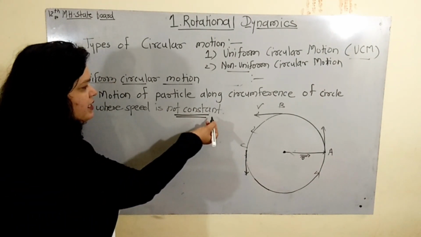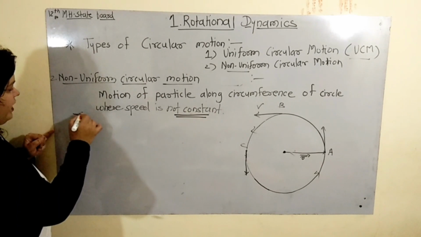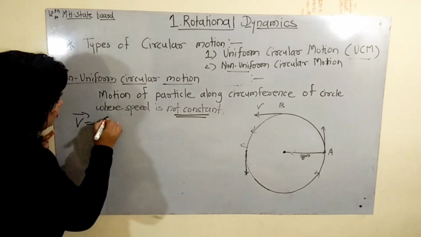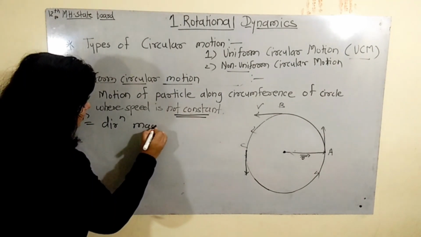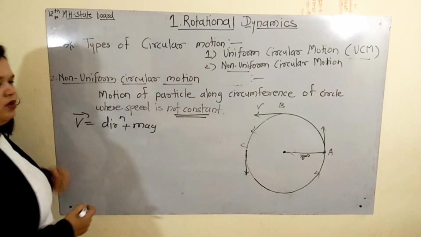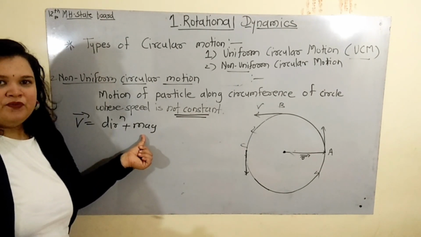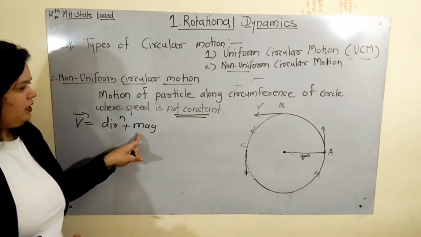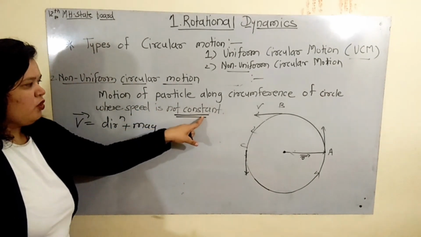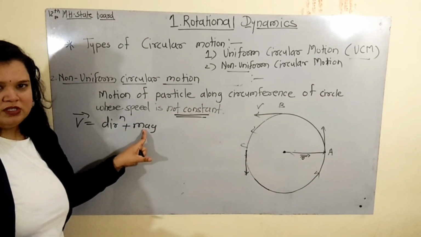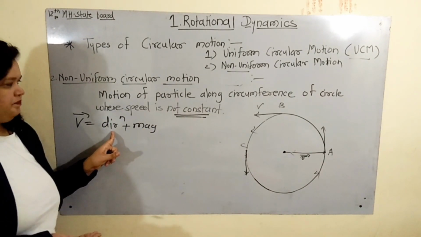Here speed is not constant. Velocity is a vector term, that means it includes direction as well as magnitude. In uniform circular motion, magnitude, that is speed, is constant. Here speed is not constant, that is magnitude is not constant. In circular motion we know that direction is not constant.